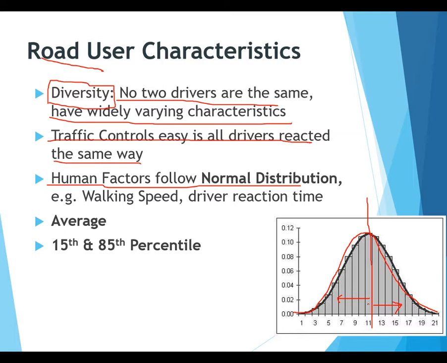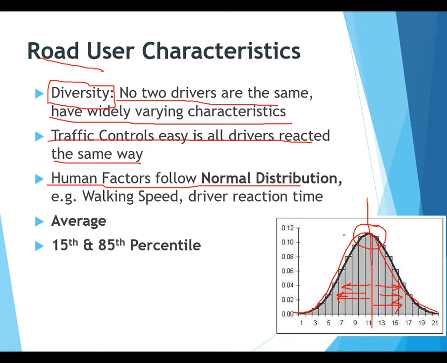When you talk about height, weight, and in traffic engineering, when you talk about reaction distance, reaction time, walking speed, anything related to humans, most of the people are around the middle. But we have extremes: people who are very short, people who are very tall, people who have very slow reaction time, meaning a very long reaction time, or people who have very short reaction time, like athletes.